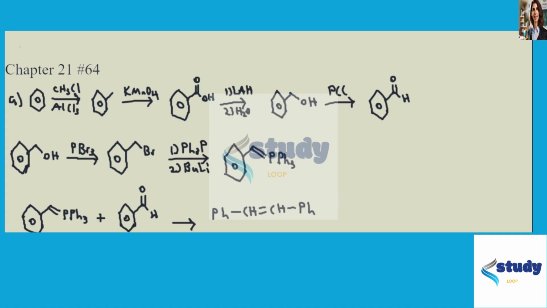We would get E and Z isomers here, but the problem doesn't stipulate one way or another whether it matters if we get both or if they only want one. So this is fine. And that's the answer to part A.